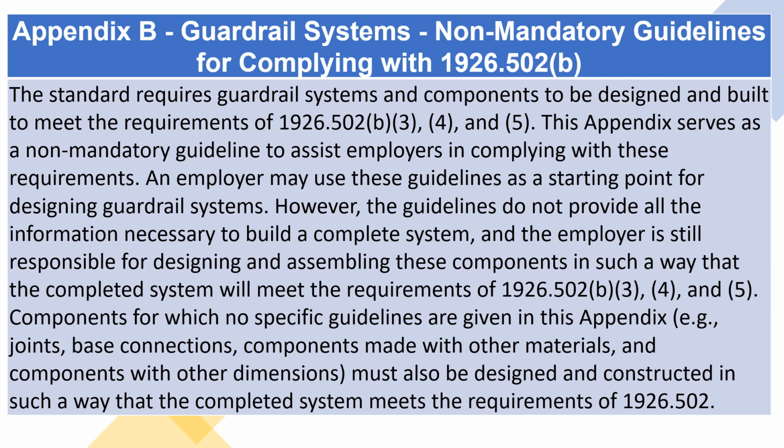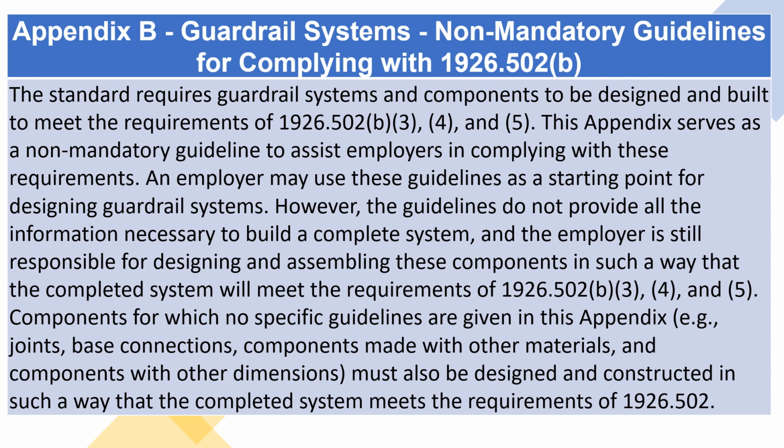An employer may use these guidelines as a starting point for designing guardrail systems. However, the guidelines do not provide all the information necessary to build a complete system, and the employer is still responsible for designing and assembling these components in such a way that the completed system will meet the requirements of 1926.502(b)(3), (4), and (5).